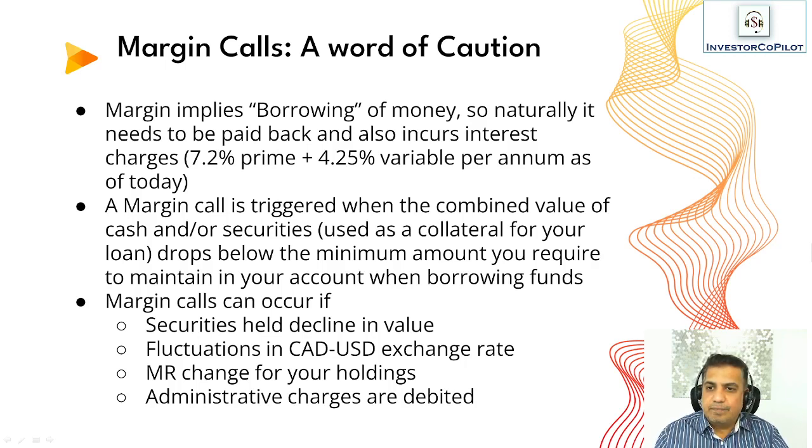But interest can vary, but it's plus 1% generally. So it is at the 12-ish% mark for all the trading accounts that I know of. So in effect, you pay around 0.9 to 1% per month on your entire borrowed funds. That is your entire margin. That is the rule of thumb here.